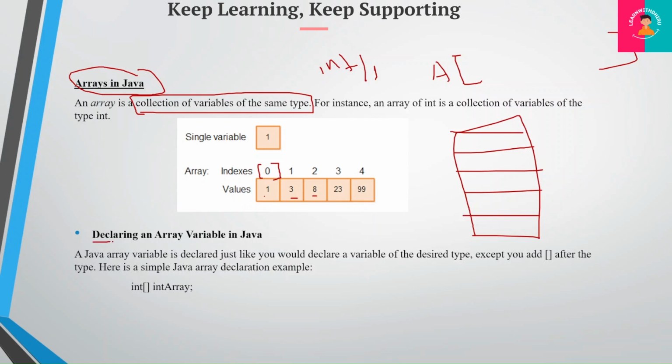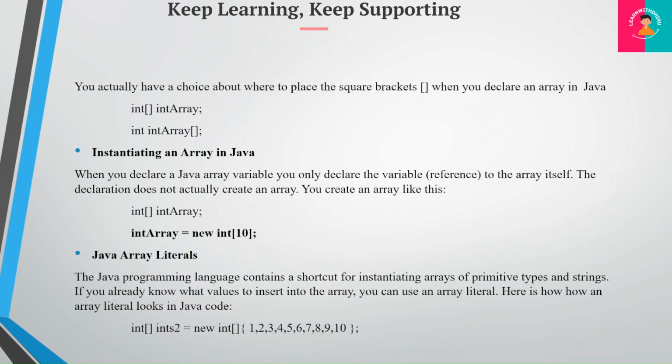So let's see how you declare an array in Java. You have to give the data type and this is the array name. There is also another way, where you provide the data type, brackets and then the variable name. When you declare a Java array, the declaration does not create the actual array.